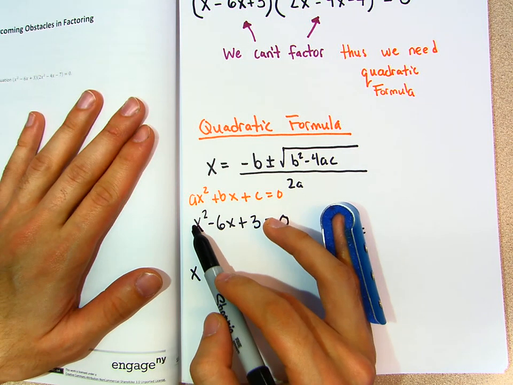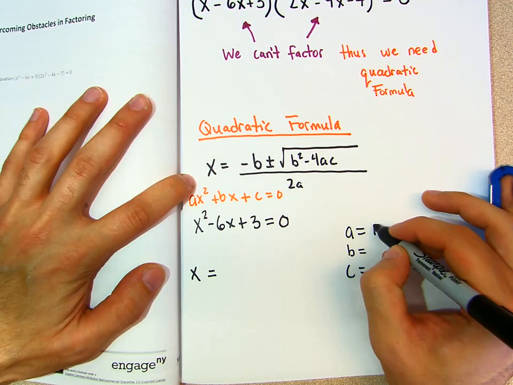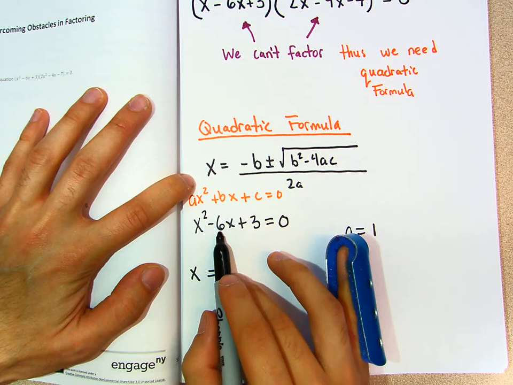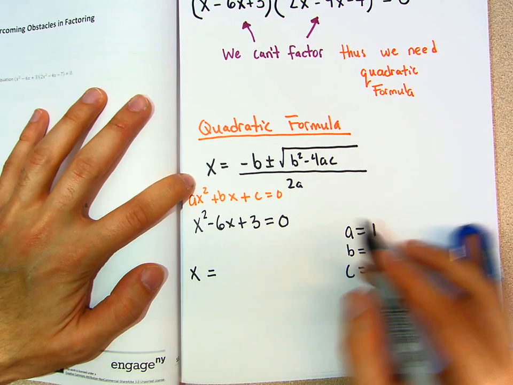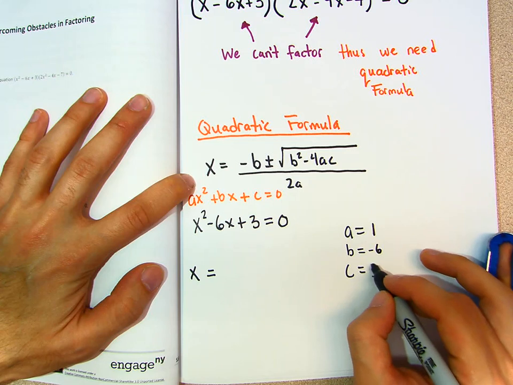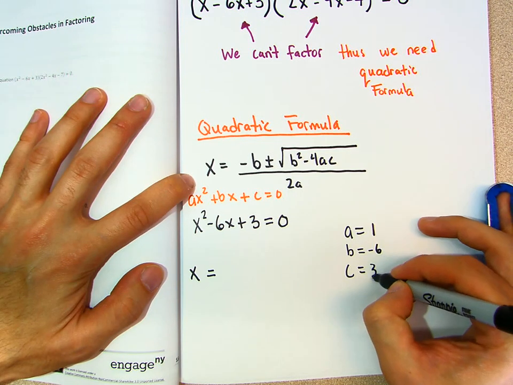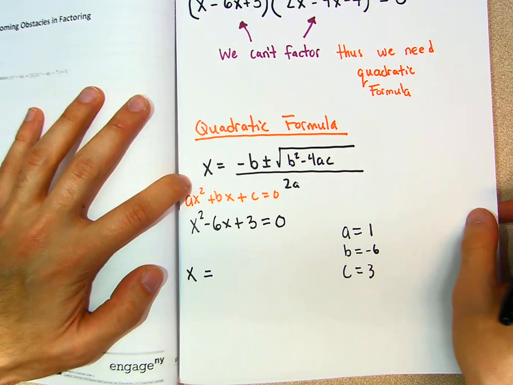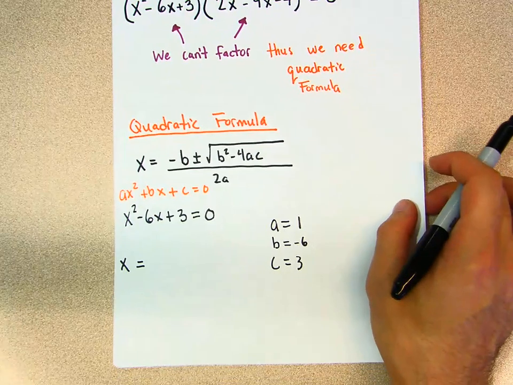My a is the coefficient of x squared, and that's 1. What's my b? It's not 6, it's negative 6. And what's my c value? It's 3. We need to take these three numbers and plug them into the formula.